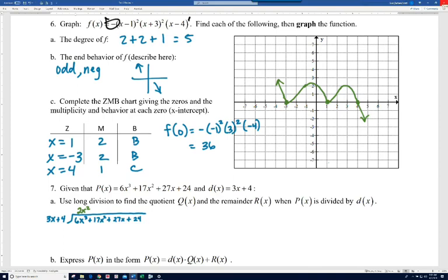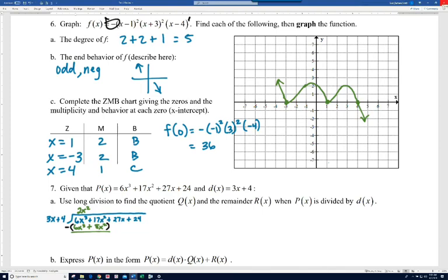Okay, so now that I've got this 2x squared, I'm going to multiply it times my divisor, so I'll have to distribute. 2x squared times 3x is 6x cubed, and 2x squared times 4 is 8x squared. Now we'll take this binomial and subtract it from what's above. 6x cubed minus 6x cubed is 0.